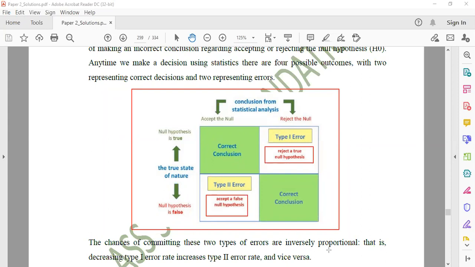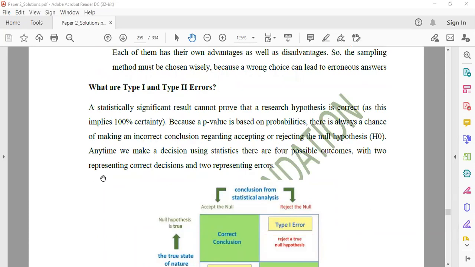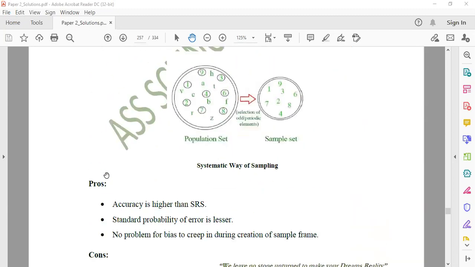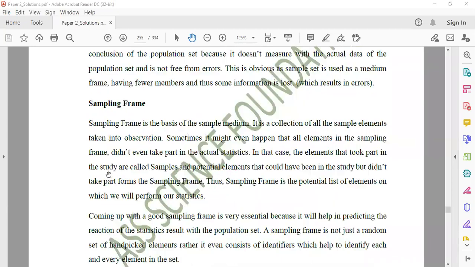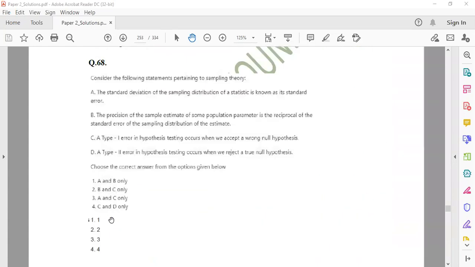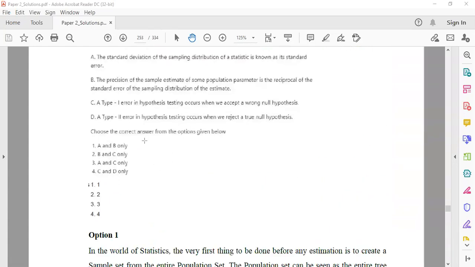So I hope this is clear now, and the correct answer for this question is first, because only the two statements given above were correct. So the correct choice is first, only A and B.